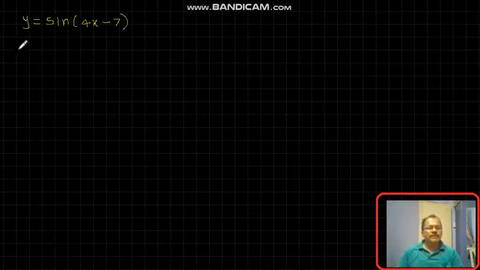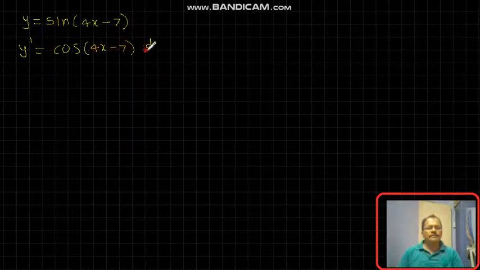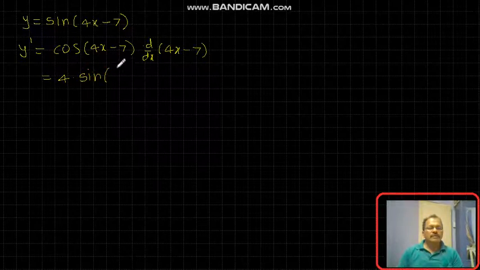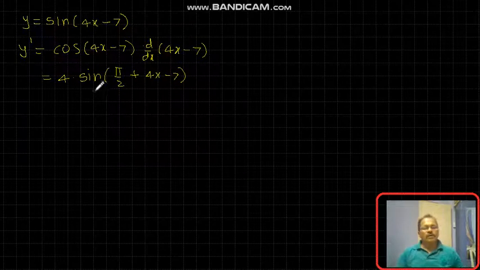The first derivative y' is equal to sine bracket, the derivative is cos bracket into the derivative of the bracket. The derivative of 4x − 7 is 4, so this is equal to 4 times sin(π/2 + 4x − 7). This is because sin of π/2 plus θ is cos θ.